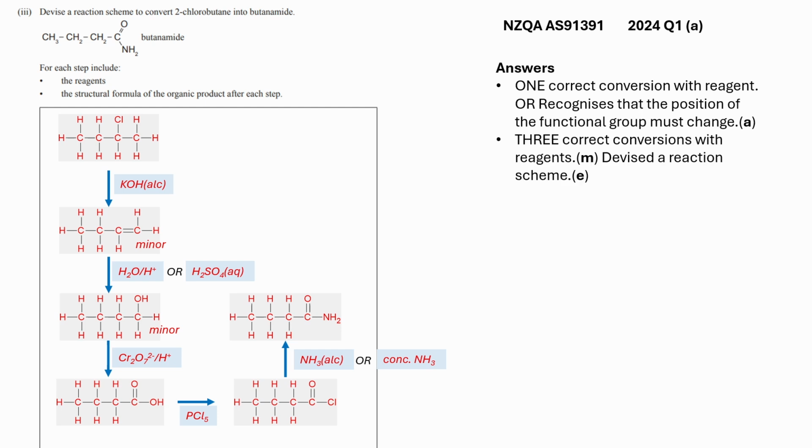Well, that's kind of generous of them. If you got 3 correct conversions with this, then you got a merit. So that would be 3 steps out of the 5. If you did it all correct, you got an excellence. And, you know, well done you if you did that.